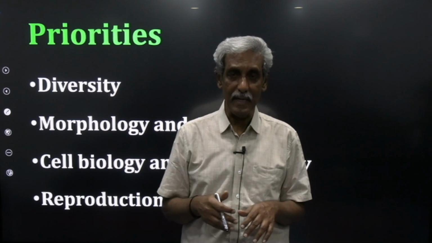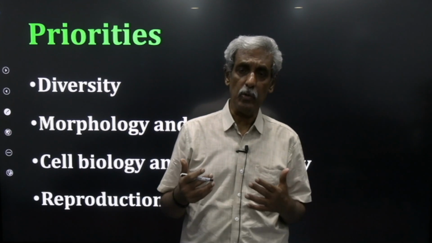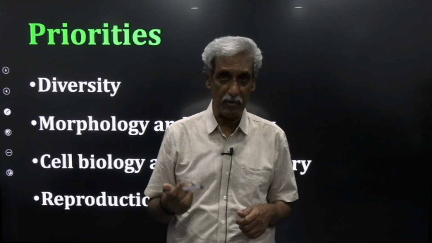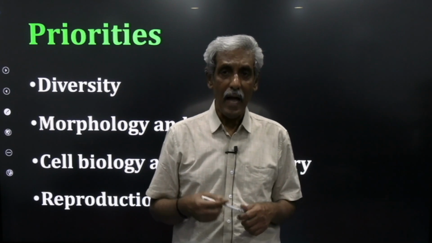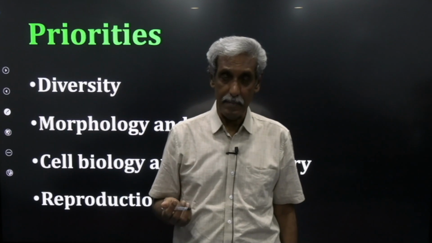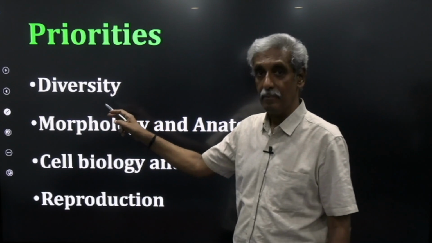Why are we primarily dealing with diversity? Because evolution plays a very important role, and you should also know the primitive and advanced characters of bryophytes, pteridophytes, and angiosperms. Having a knowledge of taxonomy, morphology, and systematics is very important. So one priority area is diversity.